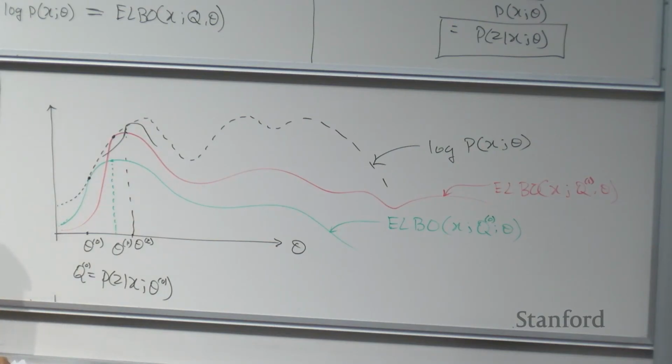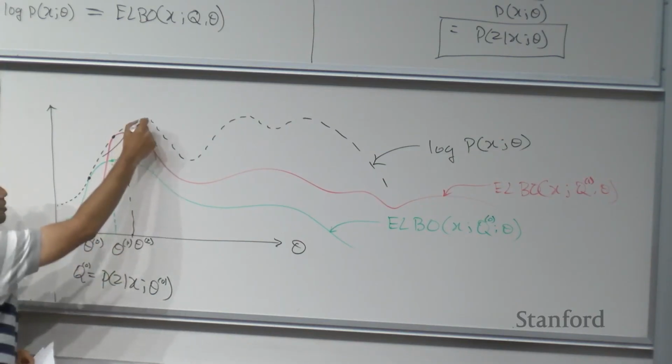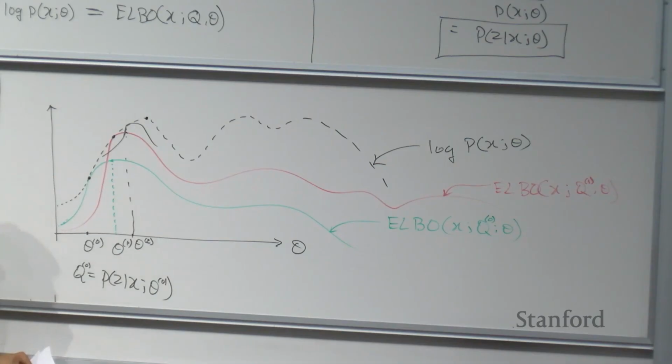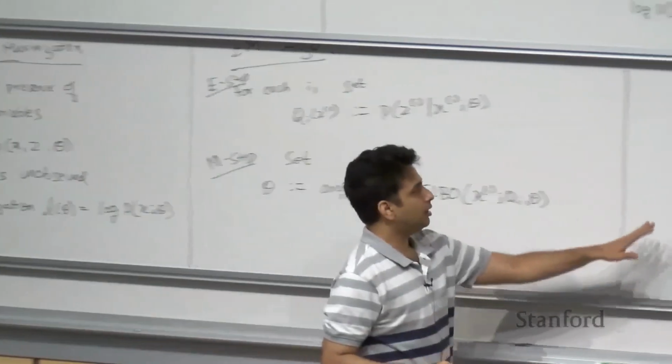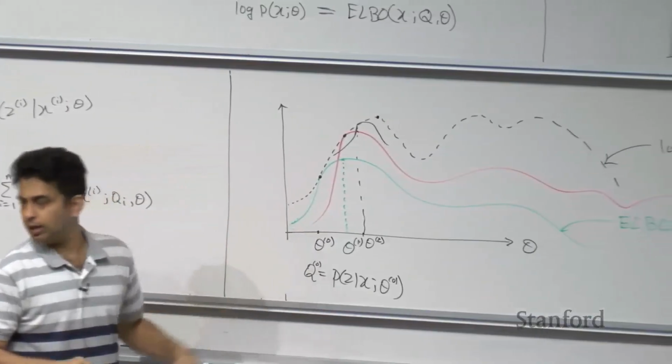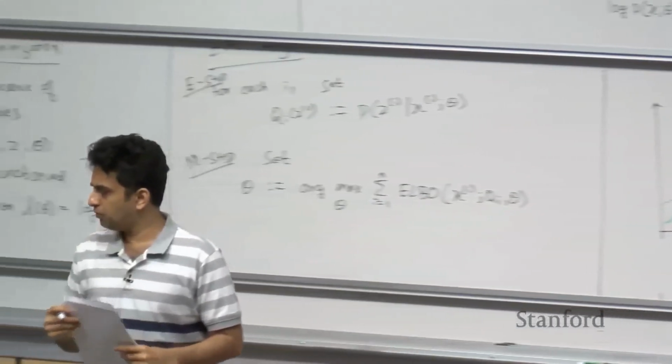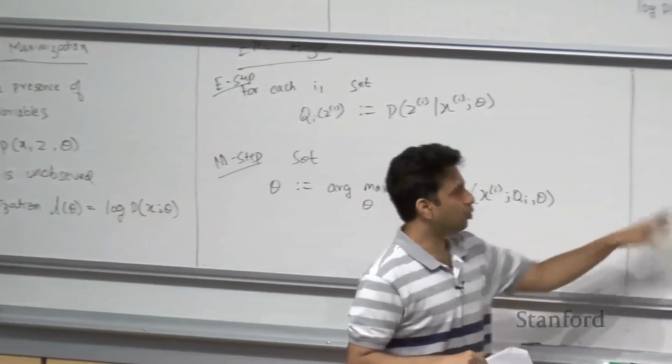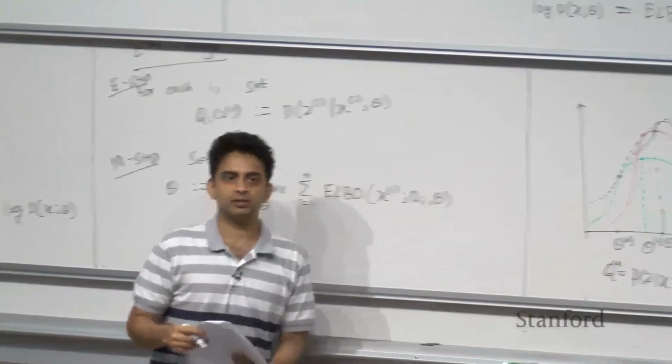If we repeat this over and over by constructing different lower bounds at each value of theta and maximizing the lower bound, then we will eventually reach a local optimum where the algorithm converges, which means theta stops changing. And that's essentially what the EM algorithm does. So this is the rough visual intuition of how the EM algorithm works. And in the next class we will go through a proof to show that it actually converges, more than just simply drawing some pictures. Yes, questions?